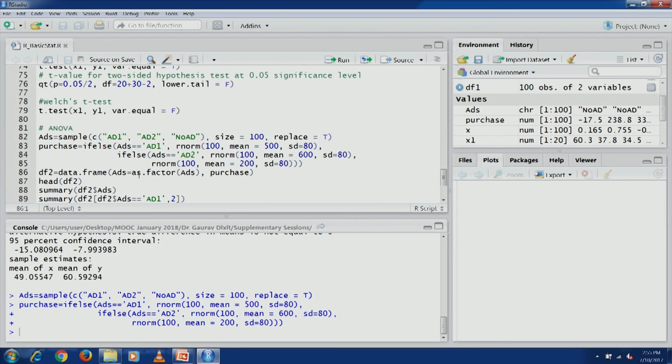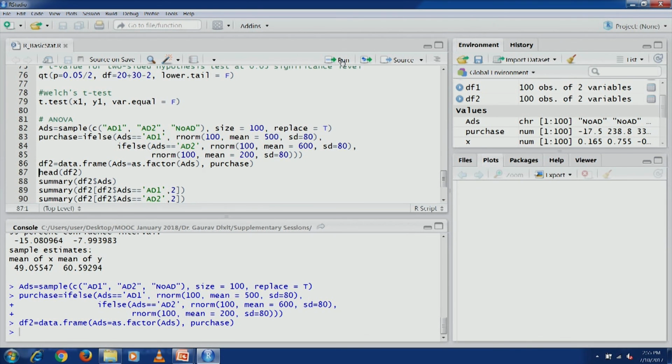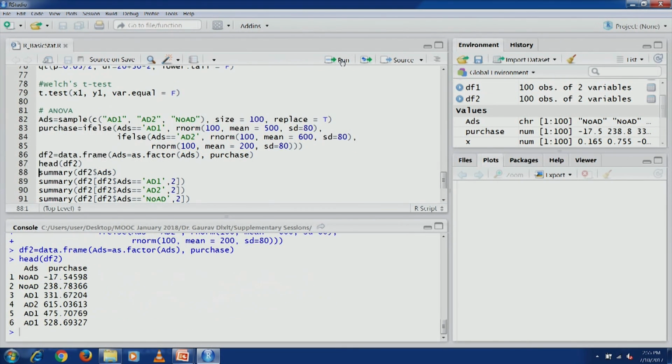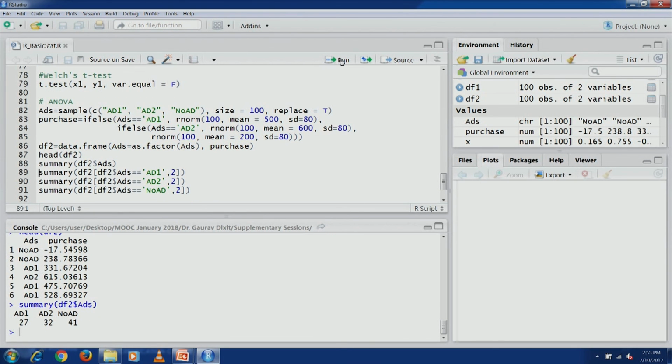Now we can create a data frame of these 2 variables, ads and purchase. So let's do this. This is how the first 6 observations of the data look. Ads, so no ad. These are some of the records, and the corresponding purchase value is also given. Now we are interested in some summary. You can see ad 1, ad 2 and no ad, how they are distributed: 27, 32 and 41.